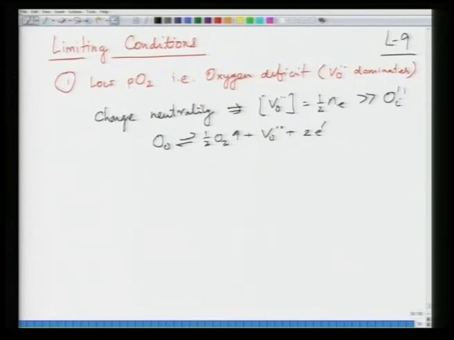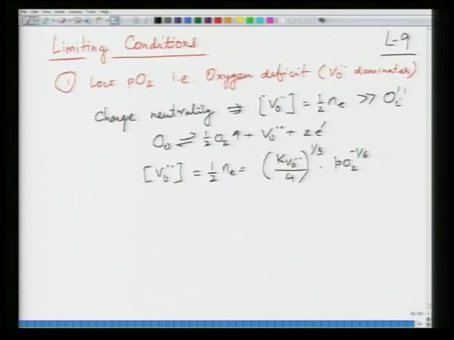For this reaction you can work out yourself, VO equals half Ne will be equal to KVO divided by 4 to the power 1 by 3 into PO to the power minus 1 by 6. So, this was the expression for VO.